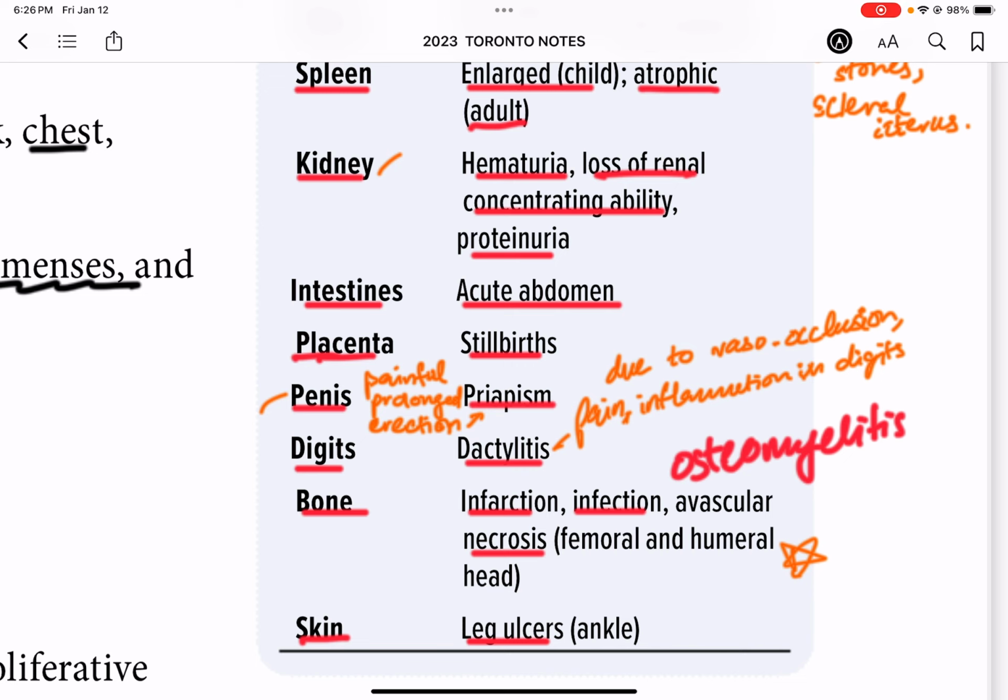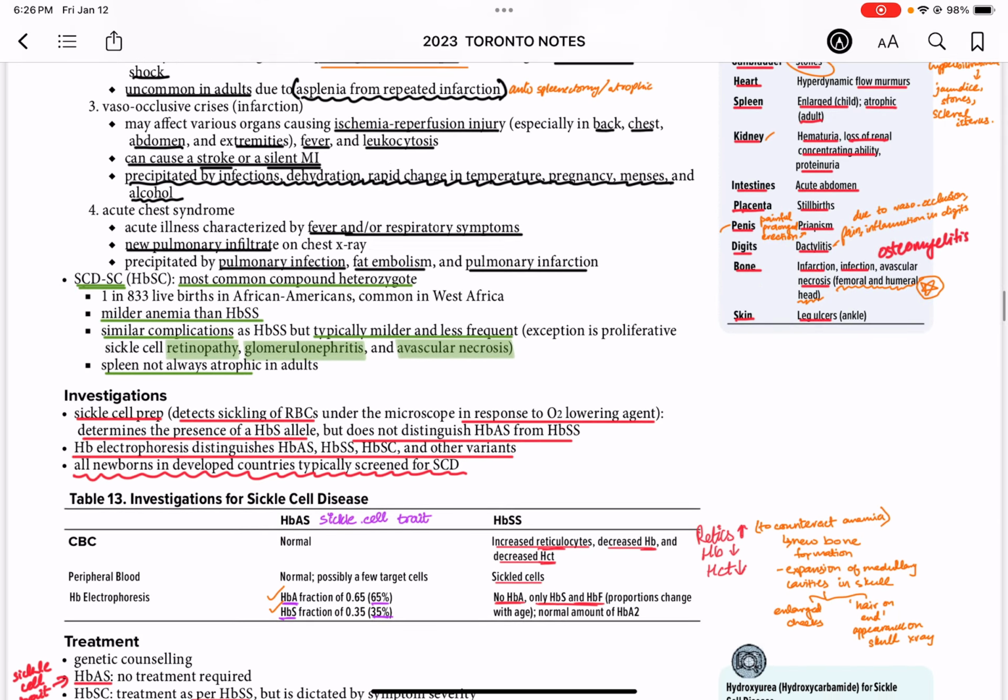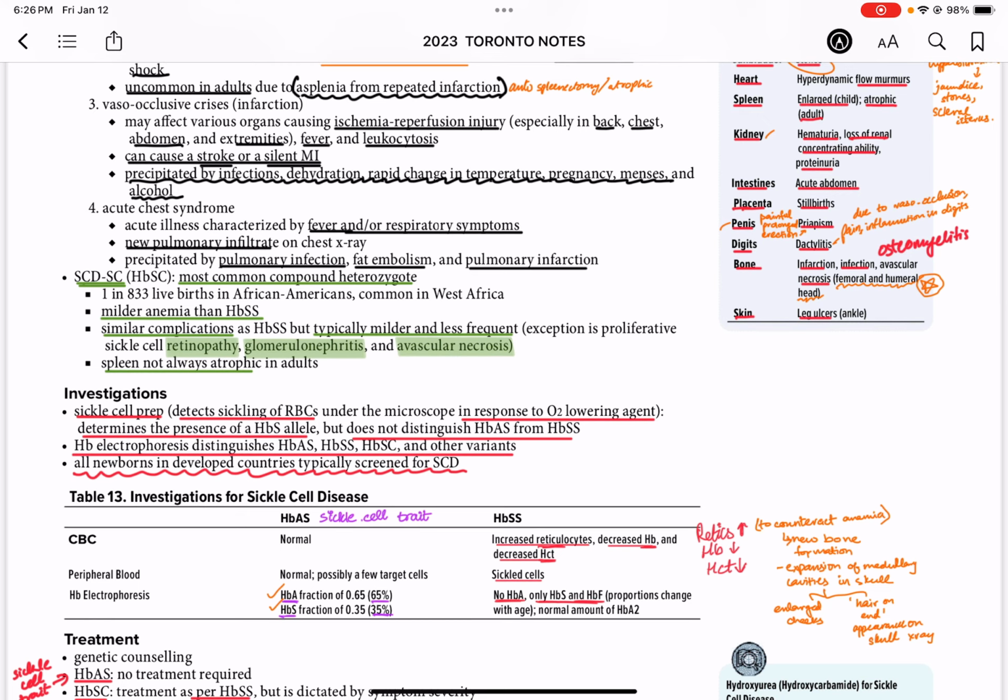These tend to have more of the avascular necrosis pain prominently over here. So this can present as a scenario too, femoral and humeral head. So be careful about the bones, avascular necrosis. And then on the skin, they have some leg ulcers on the ankle where it is not perfused.